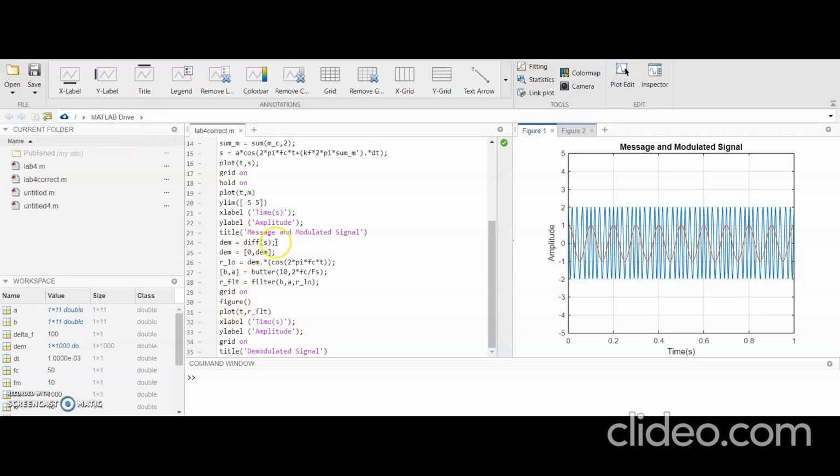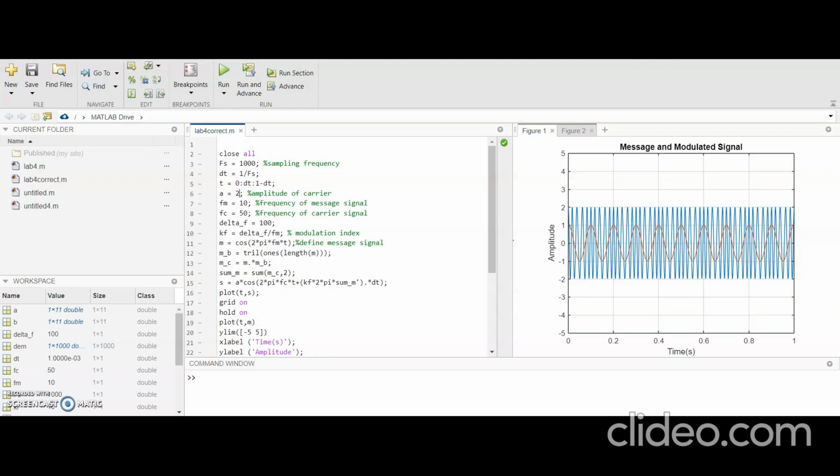The butter command is used as a low pass filter, the 10 indicates the order of the filter, and 2 times Fc over Fs is the cutoff frequency of the filter. Then RFLT equals filter of B, A, and LO is the filter operation in order to get a smoother demodulated waveform, and we plot the graph.